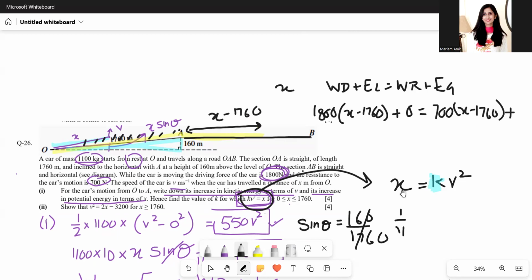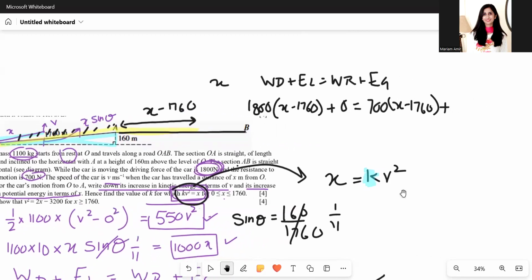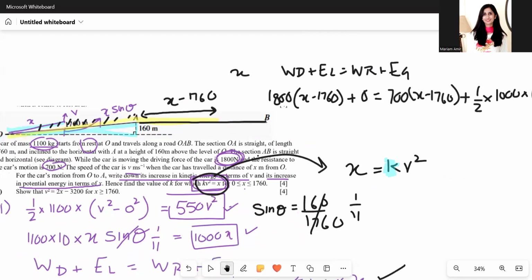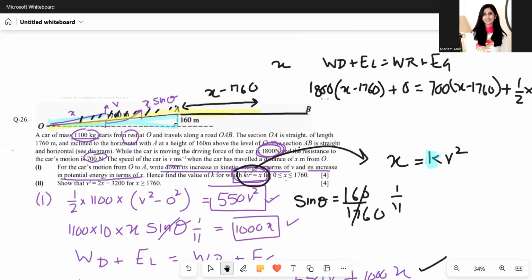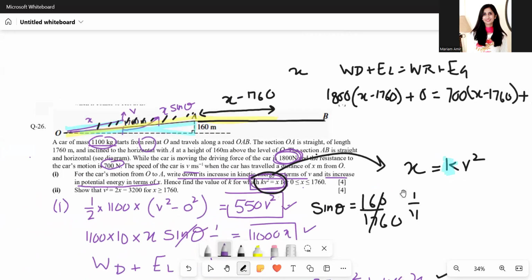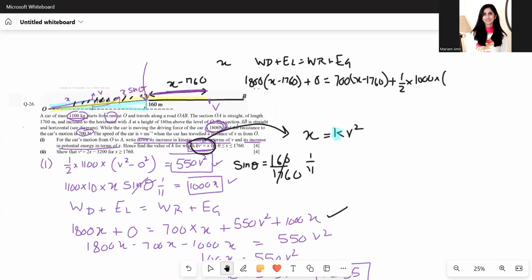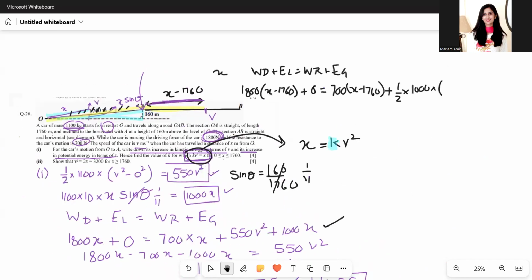Plus gain in energy. So kinetic energy gain is going to be half times m times the difference in v between the values here. Let's say this is the distance covered. We need v here, we're calling it v, and we need the speed here at the top first. How do we find the speed here? That would be through this formula, kv square is equal to x.